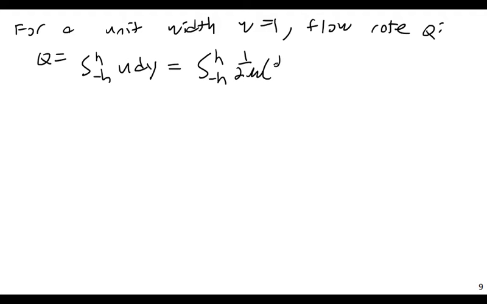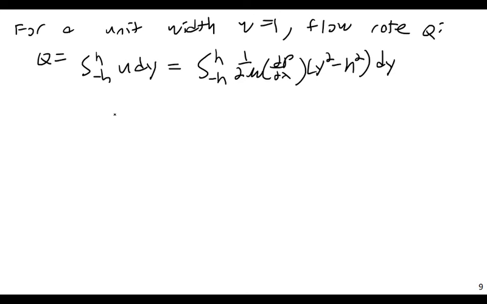times the partial of p with respect to x times y squared minus h squared. Basically, I'm integrating the previous equation with respect to y here.